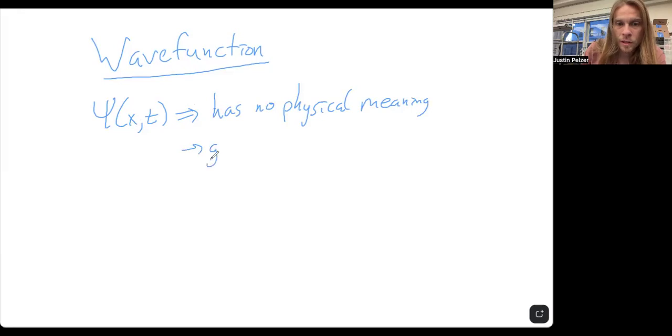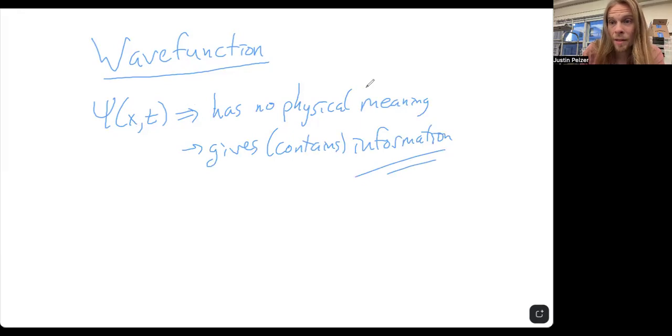It gives information, or contains information. It is used as a mathematical tool. Often it actually uses complex numbers. If you've heard of complex numbers, the square root of -1 is involved.